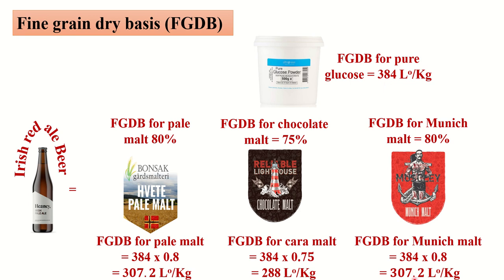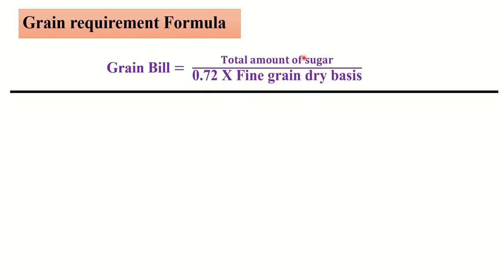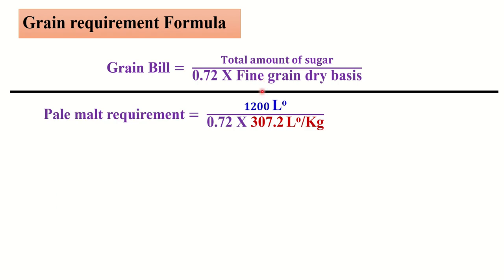So now we have all three components: the total amount of sugar, the brew house efficiency, and fine grain dry basis for three different malts. When we do this, the total amount of sugar for pale malt is 1200 liter degree, the brew house efficiency is 0.72, and the fine grain dry basis for pale malt particularly is 307.2 liter degree per kg.